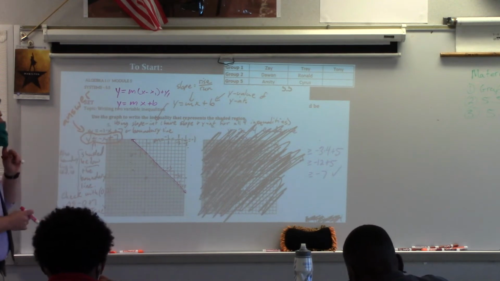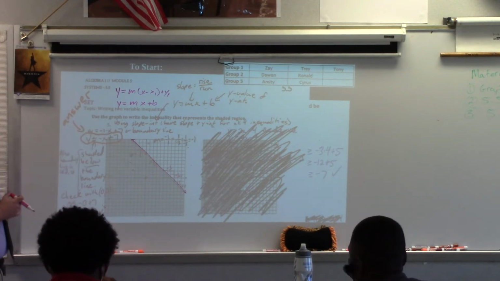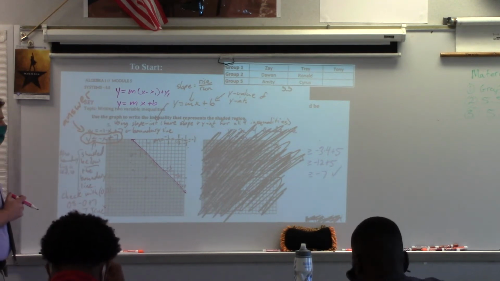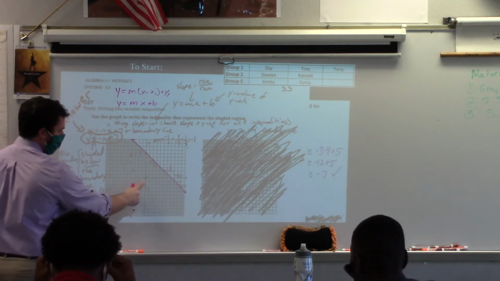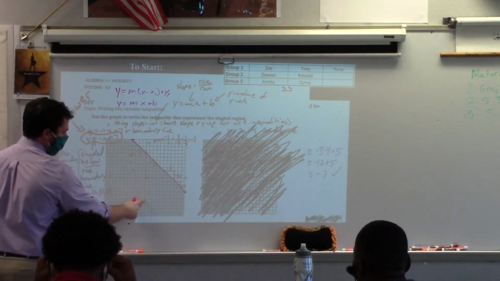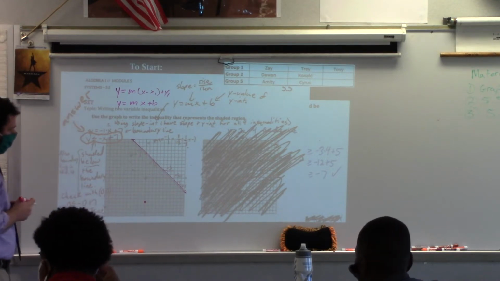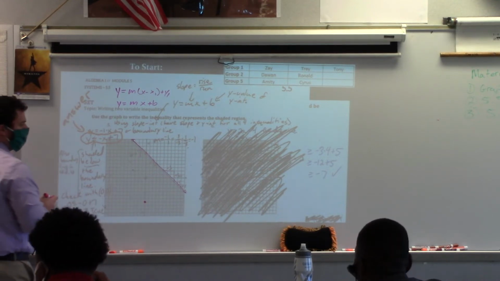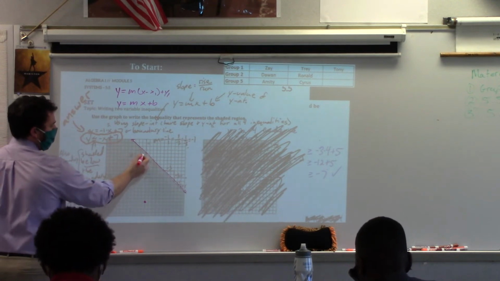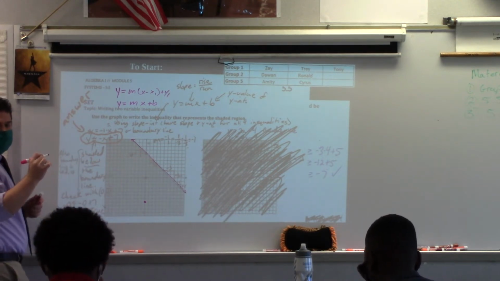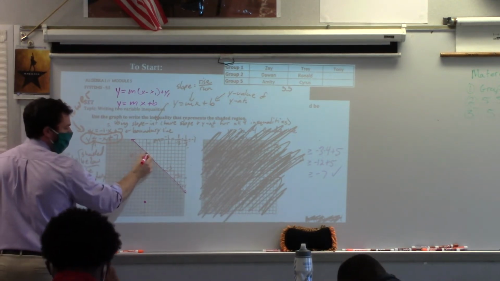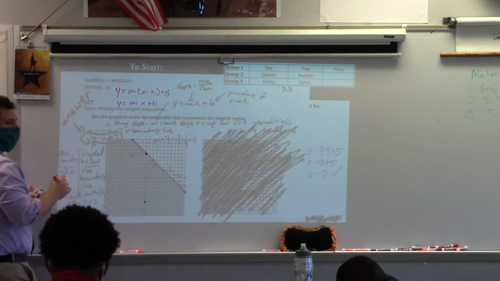And Amity, what did you decide your y-intercept was? 7. I think that's kind of where your inequality went a little off, right? Notice, that's where the boundary line is crossing the y-axis, right?